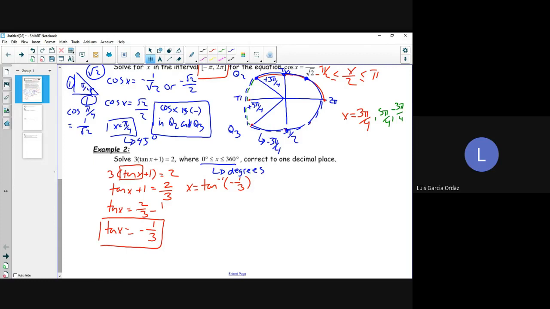Because 10 is negative, in what 2 quadrants is 10 negative? It's negative in quadrant 2 and quadrant 4. So if we take 10 inverse of -1 over 3, what is the angle that we get?